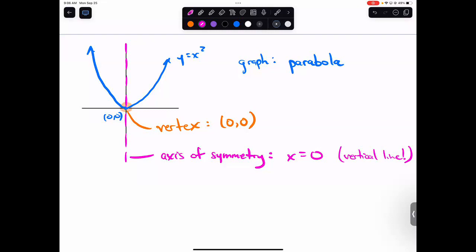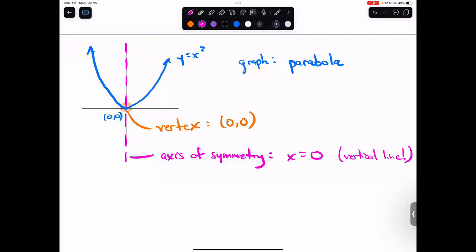Okay, so again, just a little bit of terminology, nothing really new, just putting names on things that we've already been looking at. For the most part, if we know these things, and in particular the vertex, along with whether the graph opens up or down, which would be based on whether that square term is positive or negative: if it opens up, then the vertex is the minimum value.